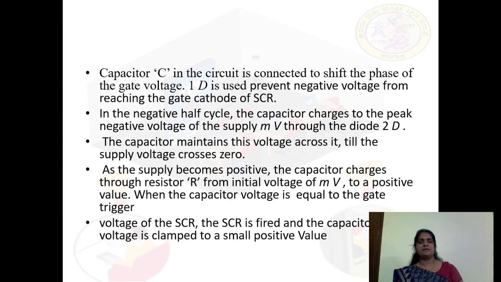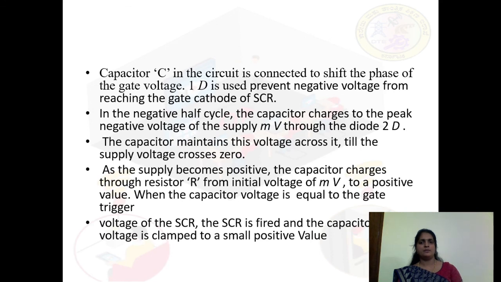And here the capacitor C is connected to shift the phase of the gate voltage, and the first diode is used to prevent negative voltage from reaching the gate cathode of the SCR. In the negative half cycle, the capacitor charges to the peak negative voltage of the supply through the diode D2.